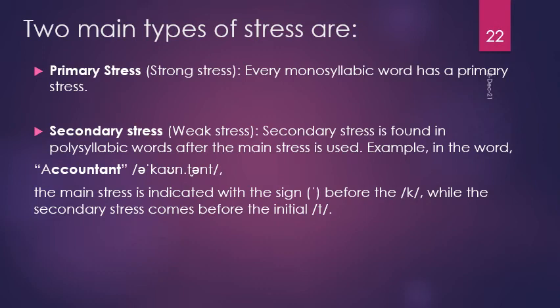A secondary stress is found in polysyllabic words after the main stress is used. Example, accountant. The main stress is indicated with the sign as shown here before the k, while the second stress comes before the initial t, as we can see in the transcription.